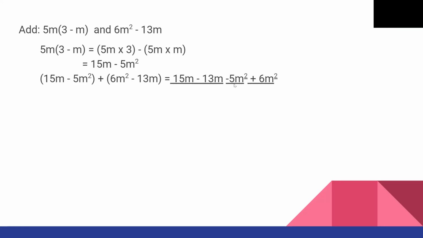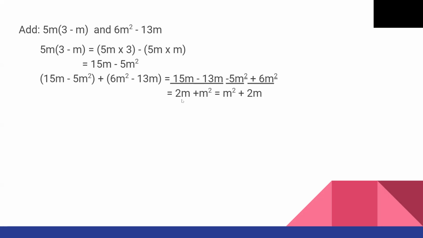So minus 5m square, then plus 6m square. These two are together. Now simplifying, 15 minus 13 equal to 2m. Then minus 5 plus 6 equal to plus 1m square. So 2m plus m square, that is equal to m square plus 2m.